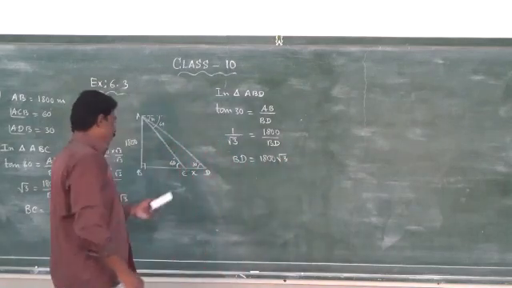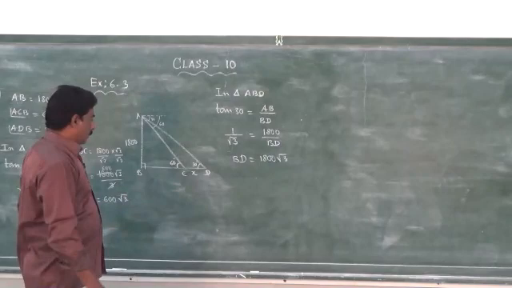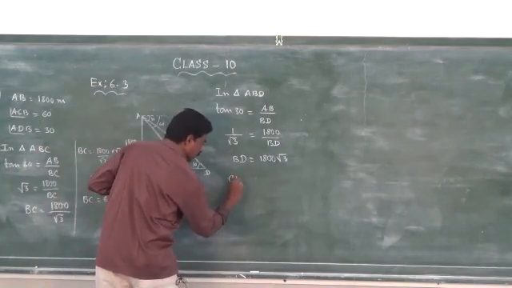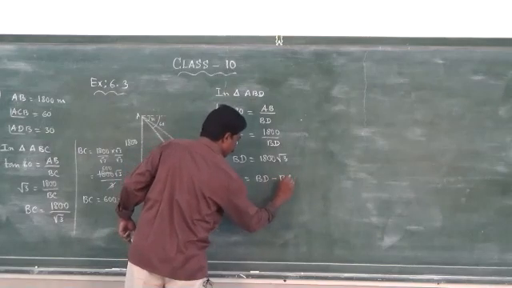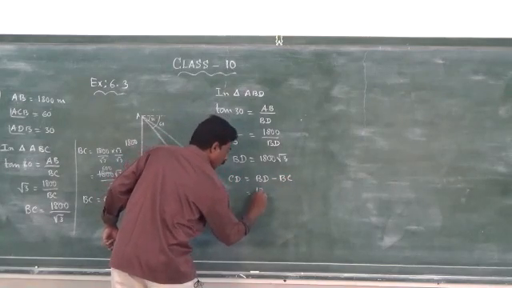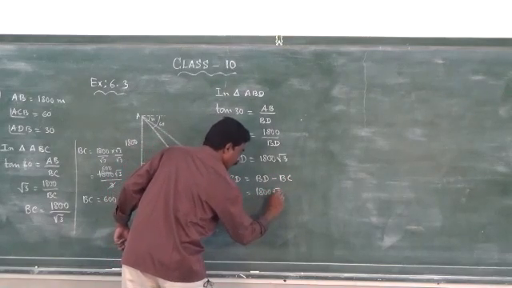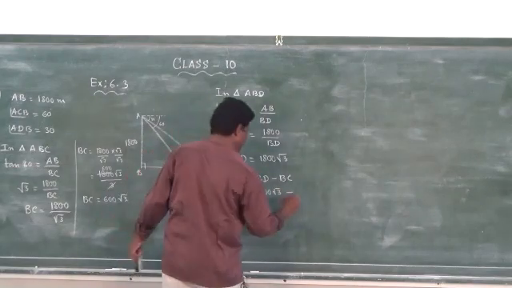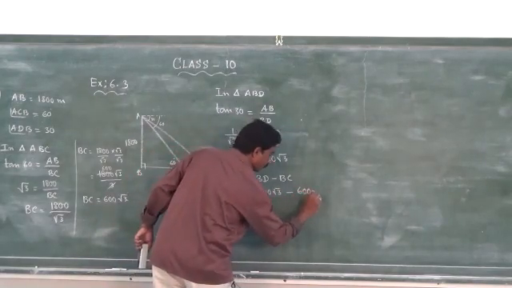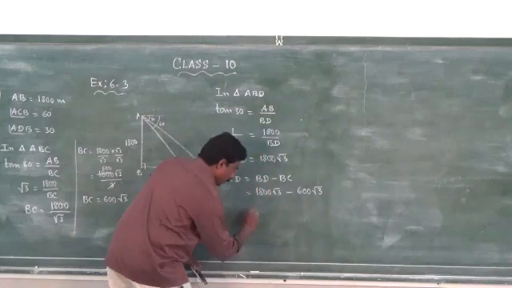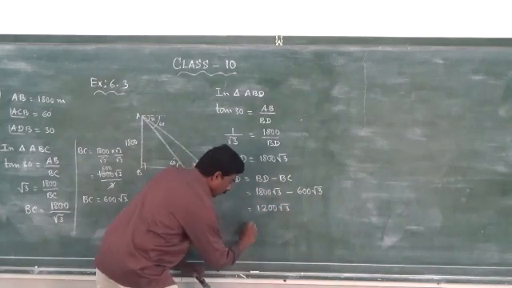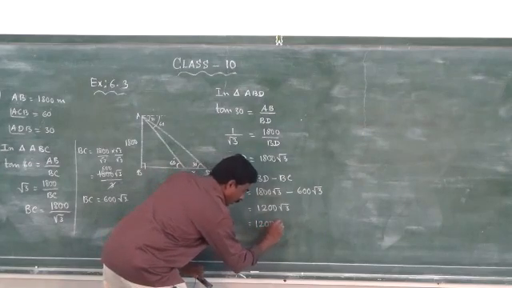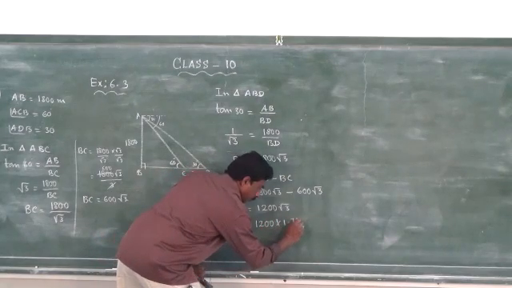Now what do we have to find? We have to find the CD. That is, what is CD? CD is BD minus BC. BD is 1800 root 3 and BC we found 600 root 3. So when you subtract, you will get 1200 root 3 or 1200 into 1.732.